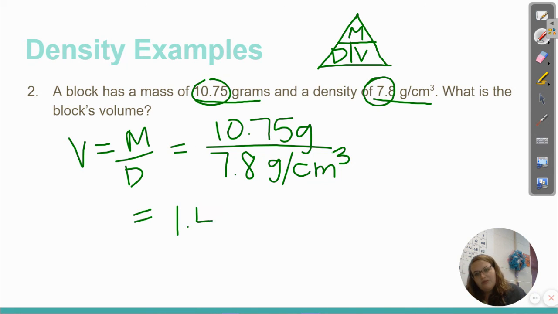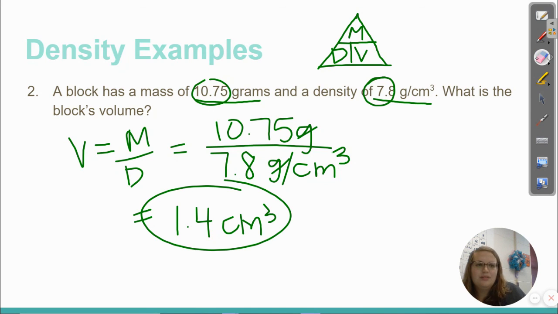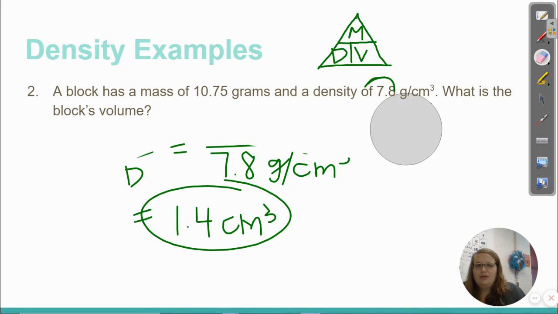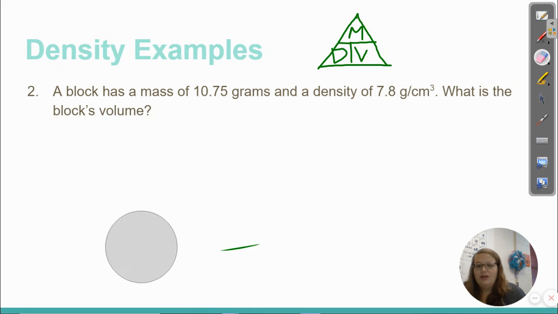I'm going to round to 1.4 gram. Oh, no, not grams. Grams is going to cancel. It's a volume, so your grams cancel here, so I'm just left with 1.4 cubic centimeters. All right, and then I think we have one more left, and that'll be all the examples for this unit.